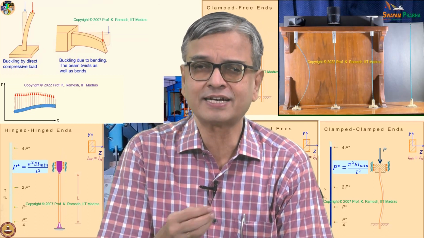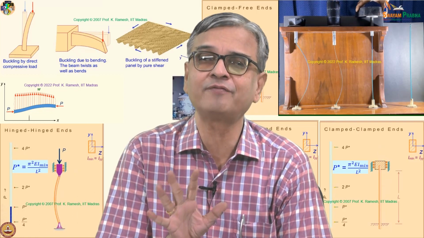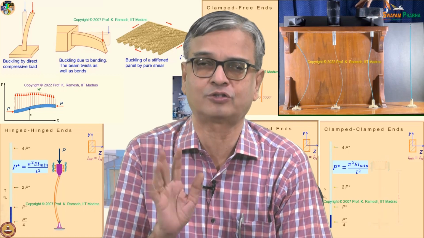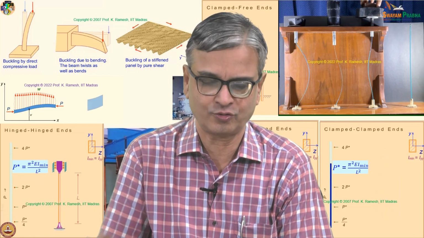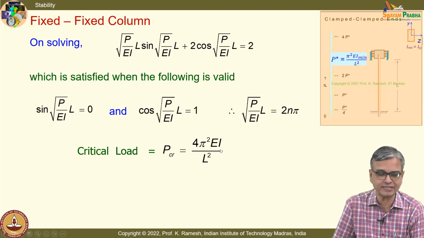Only when you look at the determinant, the final expression, how do you represent it in a convenient form for you to get the critical load? The focus is to get the critical load. So, from this I can easily find out the critical load. So, I have the critical load as 4 pi squared EI by L squared.